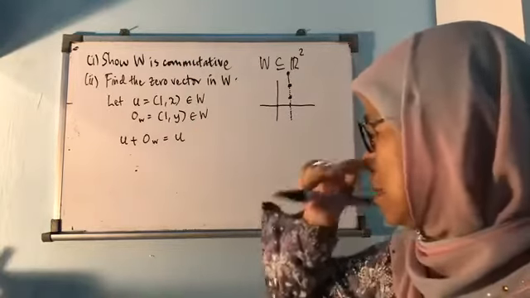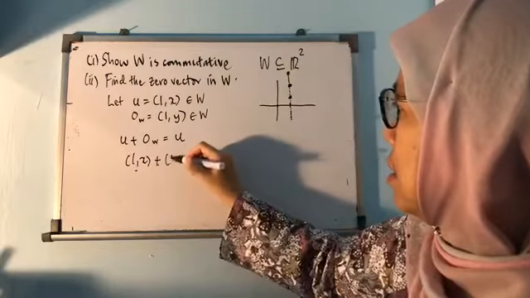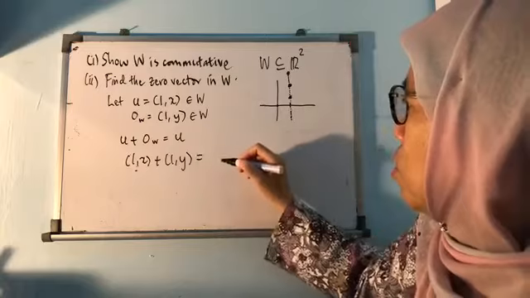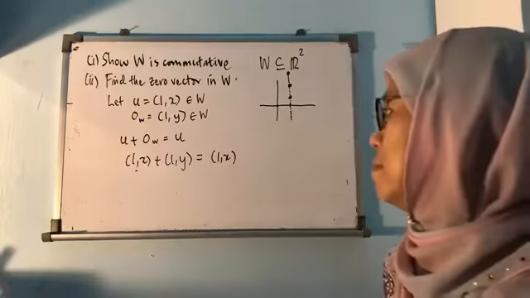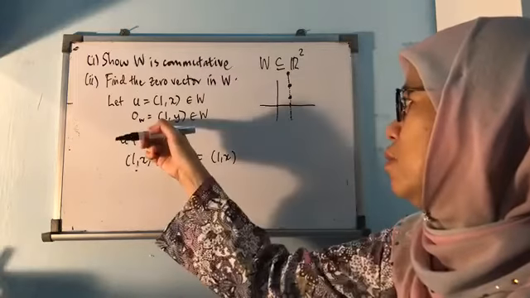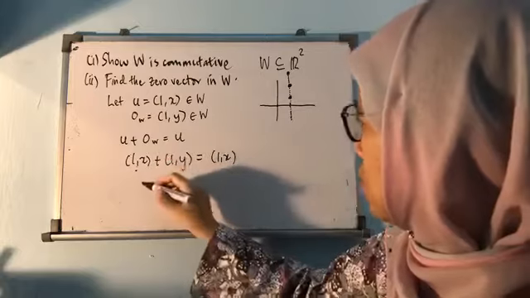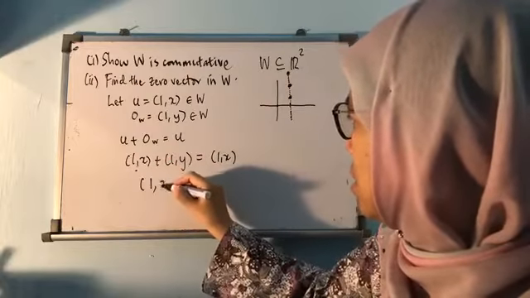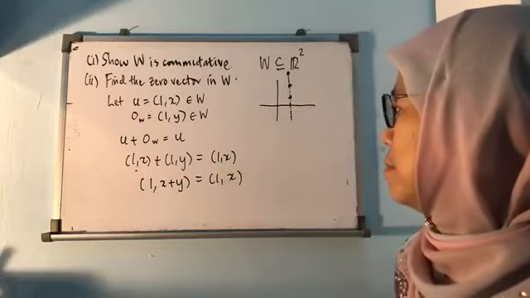So you just solve this, you will get 1x plus 1y has to be equal to 1x. We want to find what is y, right? So what is this equal to? This is equal to 1x plus y equal 1x.